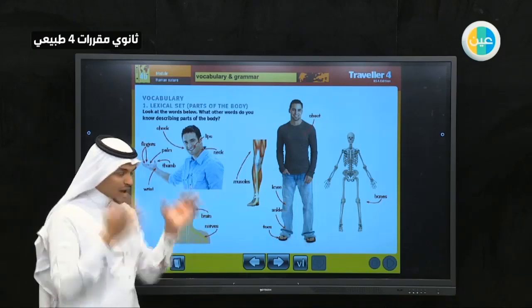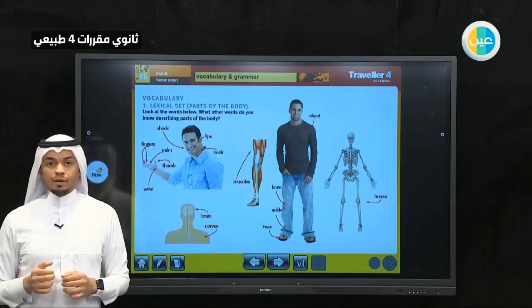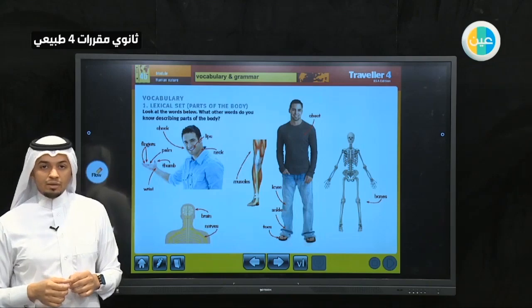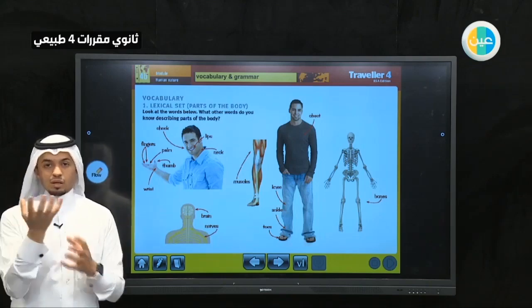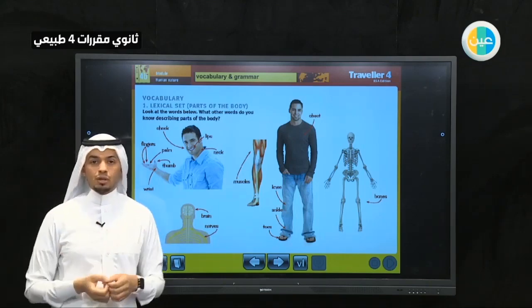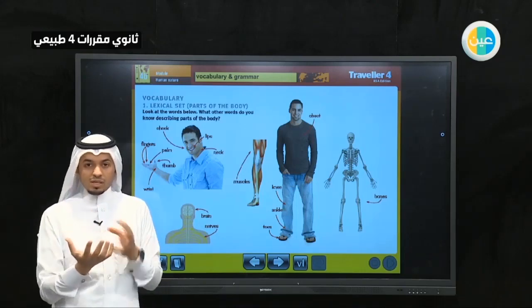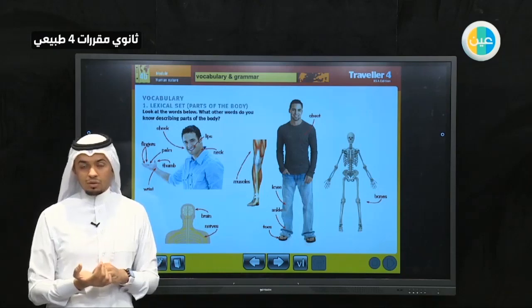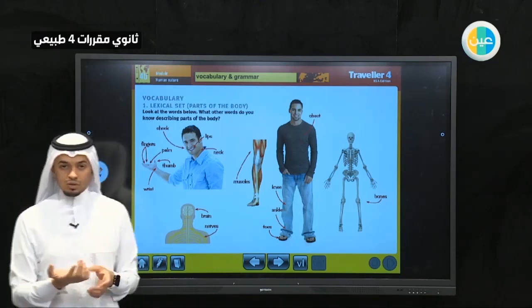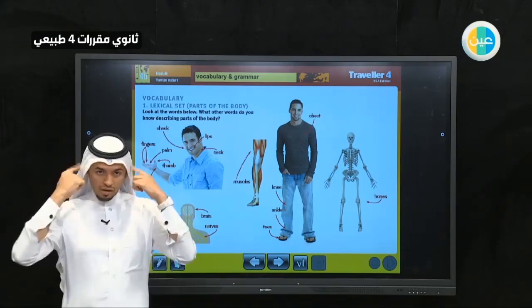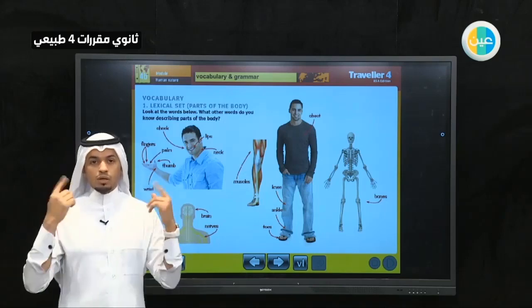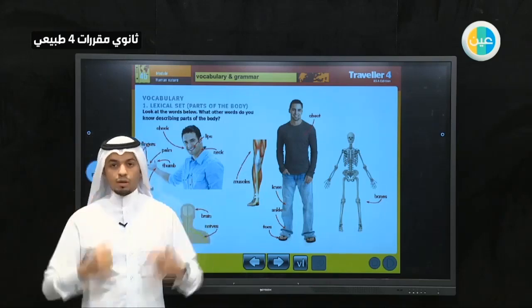And here we have a brain. A brain is the physical part that you can touch and feel, but what's inside, that we can't see, is the mind that contains thoughts, and when you think, you use the mind.